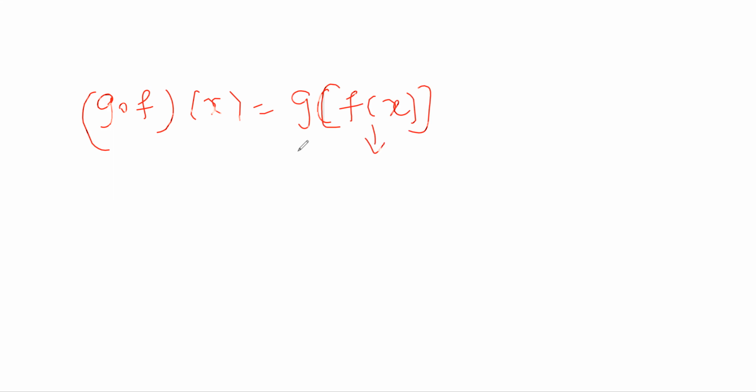So composition of function means z composition f of x will be equal to z of f of x. In this one, f of x is the innermost, and z will become the outermost.